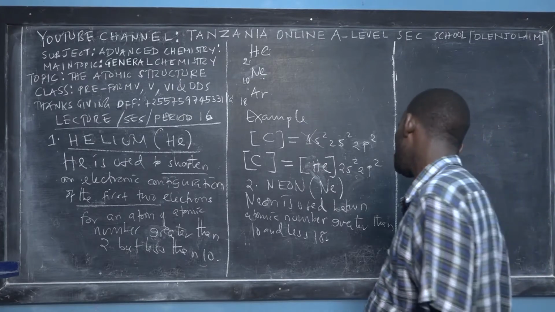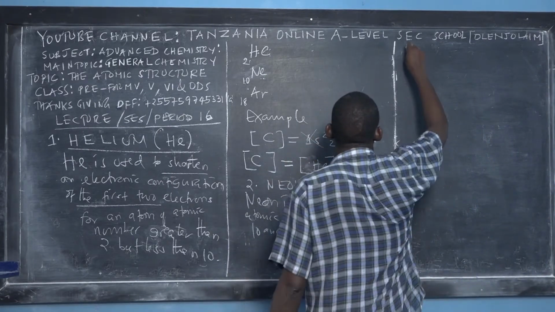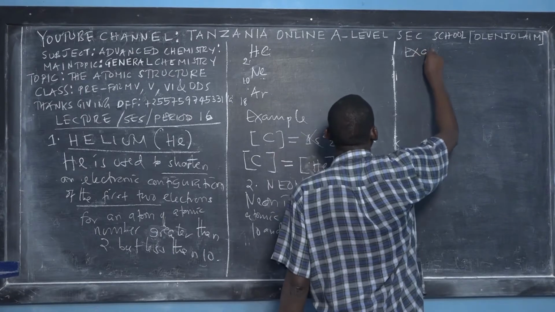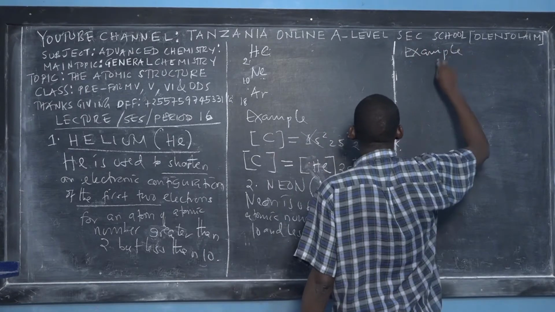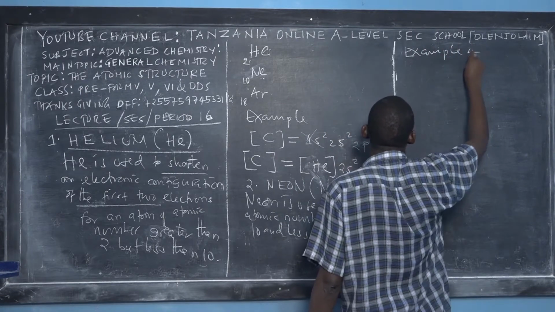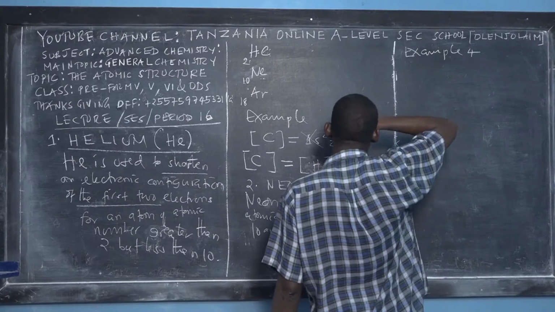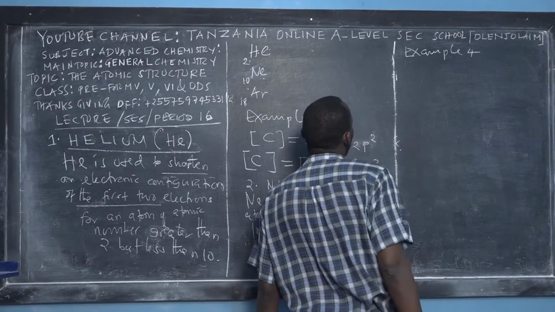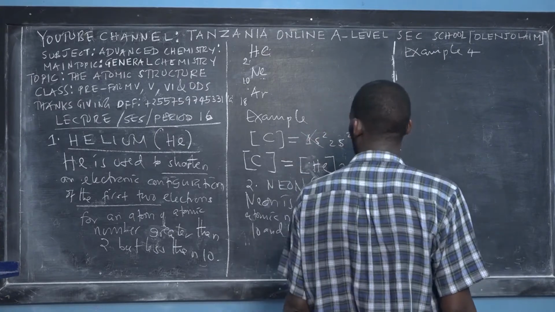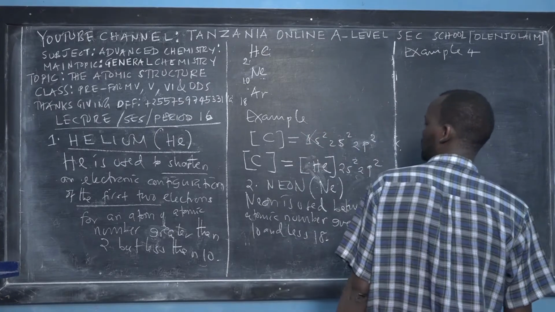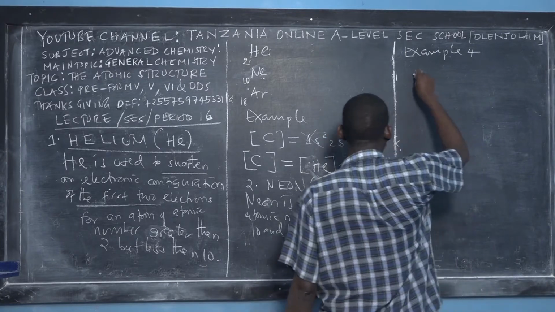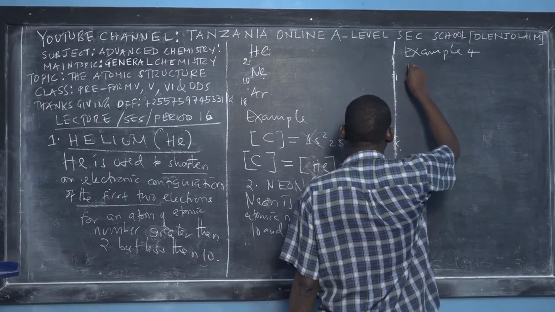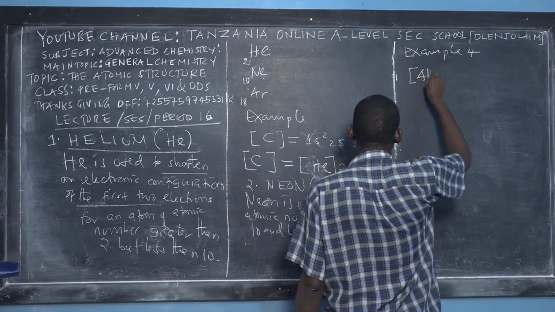So for example, teaching through examples makes the concept become easy. Maybe you are asked to write the electronic configuration of aluminum.